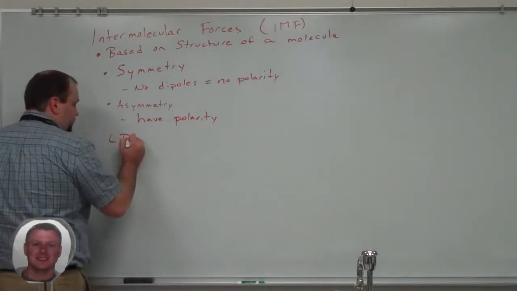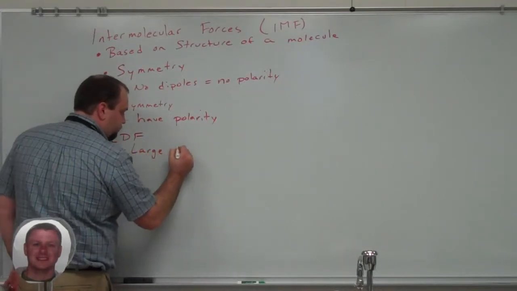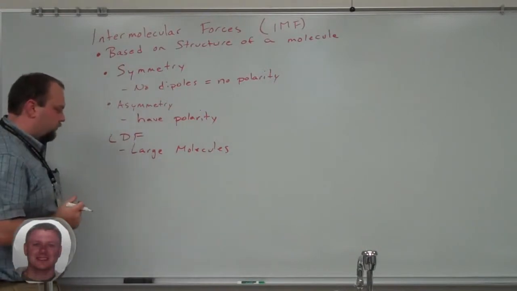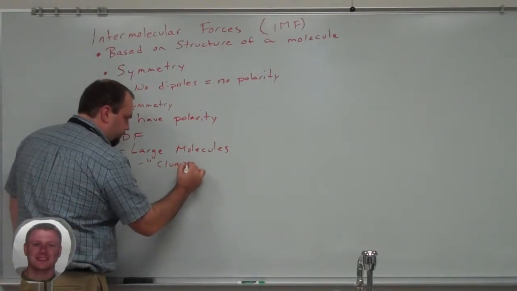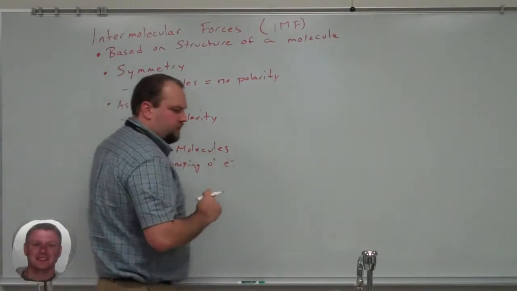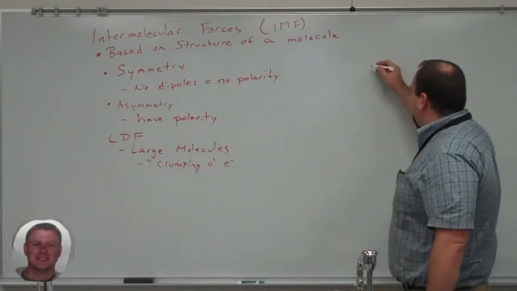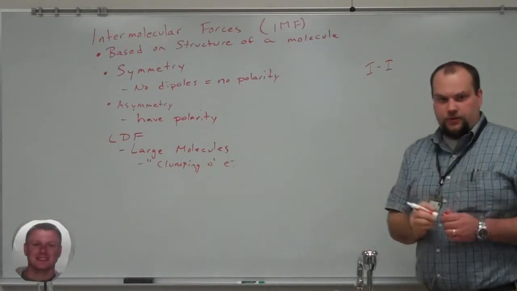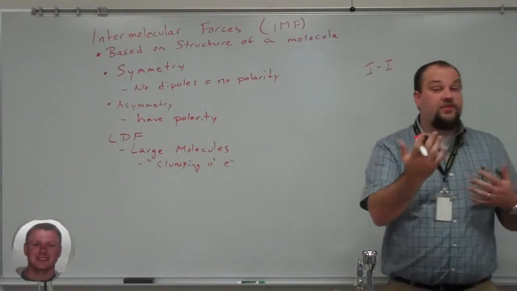London dispersion forces occur in large molecules. It's kind of like a clumping of electrons. Now, what I mean by that is, let's say we have an iodine molecule. It's diatomic, so there's two of them. And iodine has about 106 electrons.